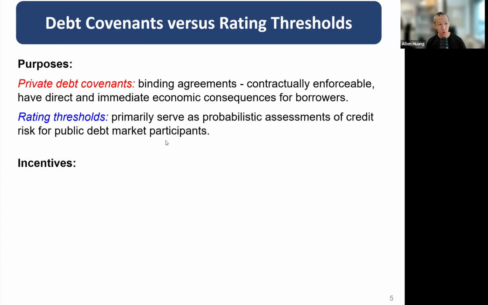But rating thresholds are more of a probabilistic assessment of credit risk, and the intended users are not just the company itself, not just the borrowers and lenders, but also the public debt market participants, since these are public information that serve as a signal.